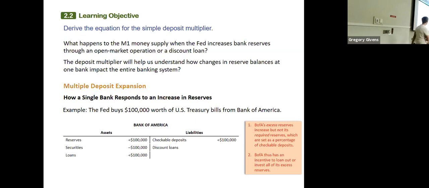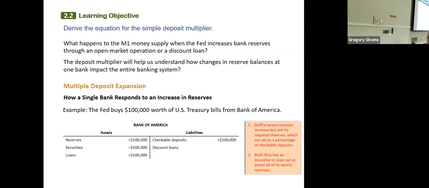As soon as Bank of America has loaned this $100,000 to an investor, that now becomes an asset that the investor can use to spend on goods and services. So they have instantly increased the actual supply of money in the economy by $100,000.